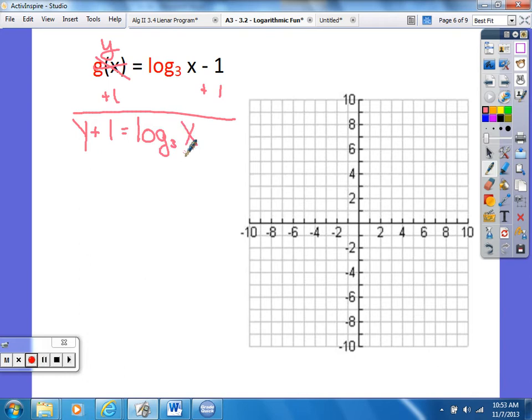Now I can change it to exponential, right? So it'd be 3 to what? 3 to the y plus 1 equals x, right? Hey, wait, now it looks like those exponential functions we've been working on so much, right? Okay, what's the base function? 3 to the y.